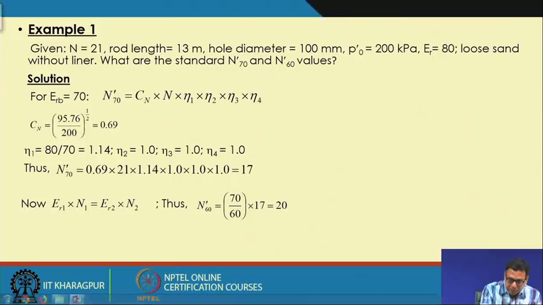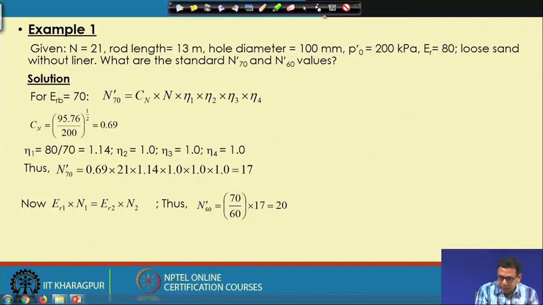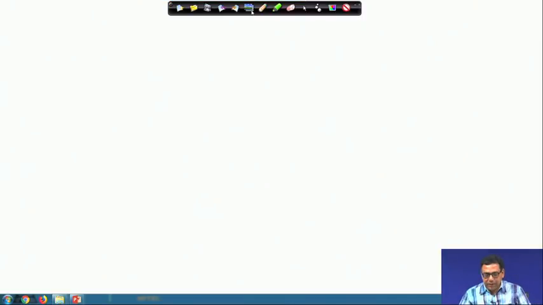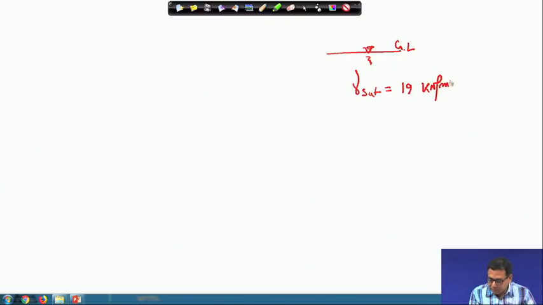Now, I will show you one example in terms of the IS code. The problem is that we have a soil layer which is saturated. The water table is at the ground level and gamma sat is 19 kilonewton per meter cube.